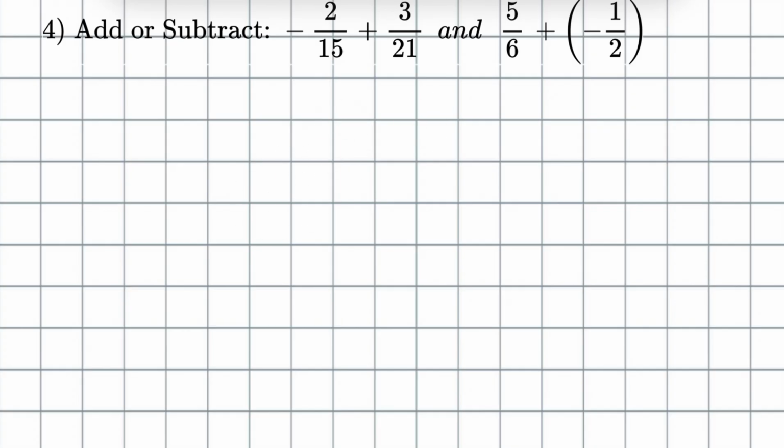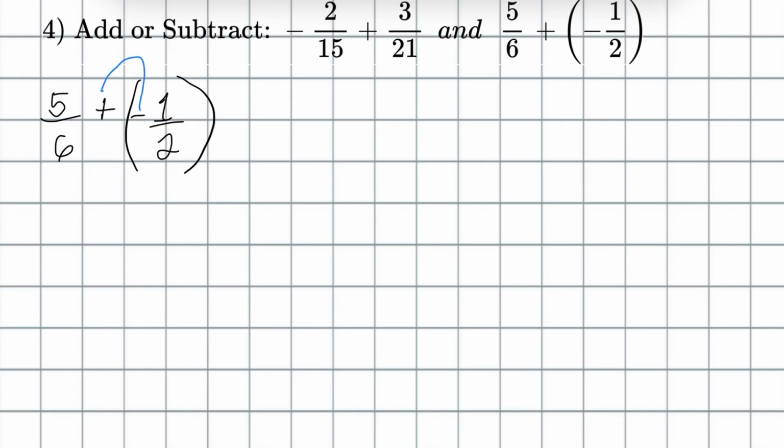Okay, now we have this fraction: 5 over 6 plus, in parentheses, negative 1 over 2. The first step is that you know the order of operations. You need to work with whatever contains a parenthesis.